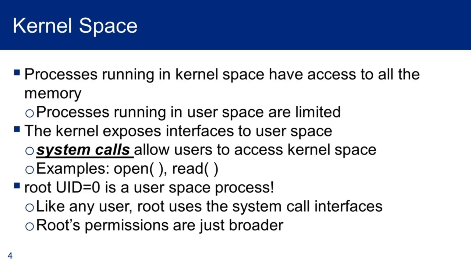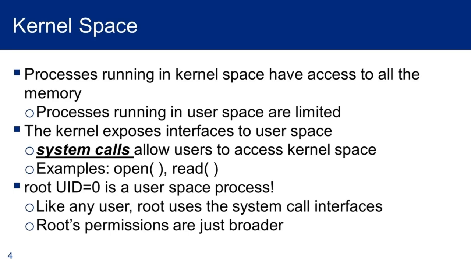This, of course, is what you would expect to keep user-level processes from trampling on each other. But a user process sometimes needs access to system calls, and to facilitate this, the kernel exposes interfaces to the user for functionality, like opening a file in the file system.